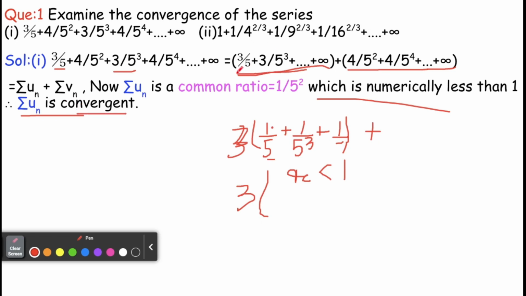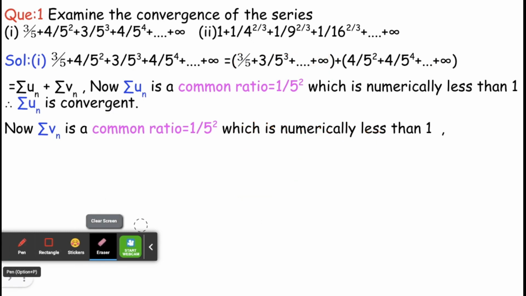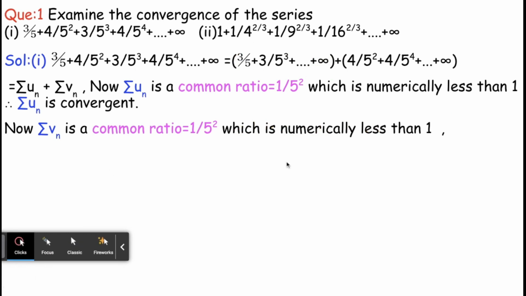So un is convergent, and vn is also convergent. The vn also has a common ratio of 1 upon 5 squared, which is numerically less than 1. If the common ratio is less than 1, then our series is a geometric series: 1 upon 5 squared plus 1 upon 5 to the power 4.